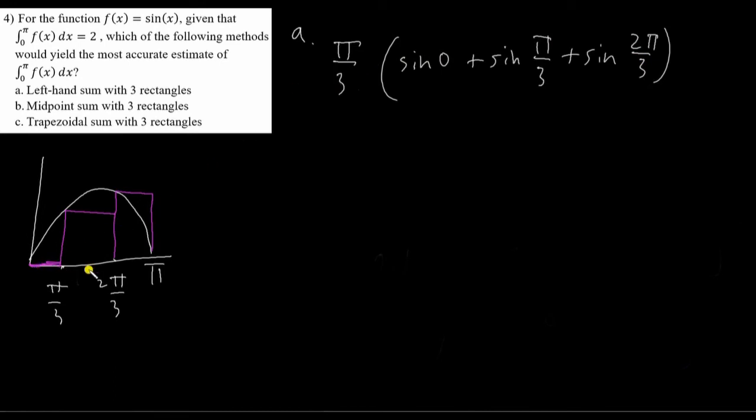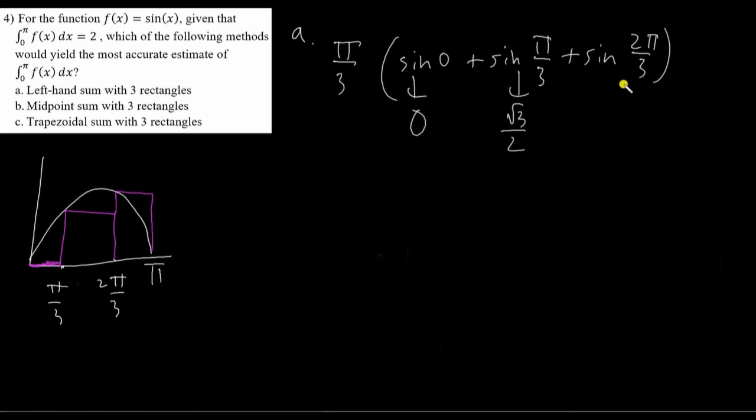Since it's equal steps, they all share a common base, so it's going to be pi over 3 times the left hand heights. Sine of 0 is just 0. Sine of pi over 3 is square root of 3 over 2.